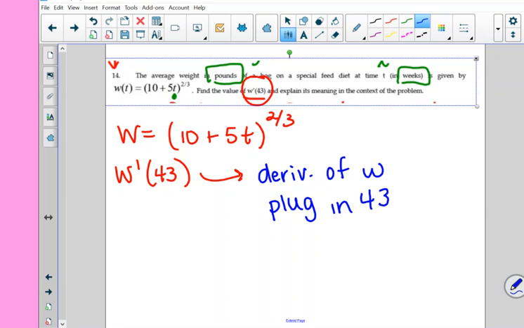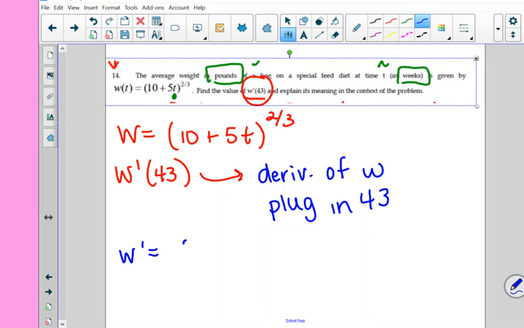This is why we're coming back to these applications. Now that we have different derivative techniques, we can look at different types of models and use those techniques. This is another chain rule problem.